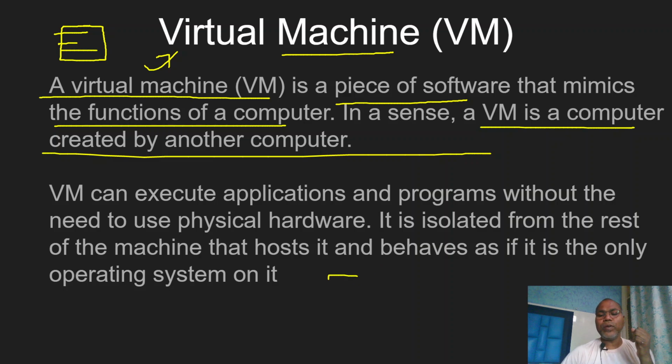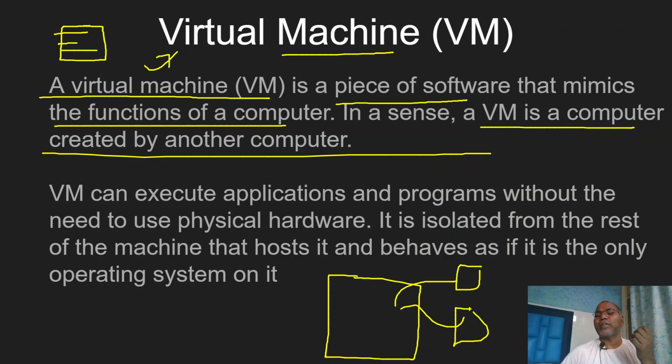That means if our computer already exists, the computer itself can create another computer for me. After that, I am not going to buy any other hardware or software. Is there any intelligence? Yes. So a virtual machine is a kind of software that tells you, if one PC is available, I can create multiple machines for you.